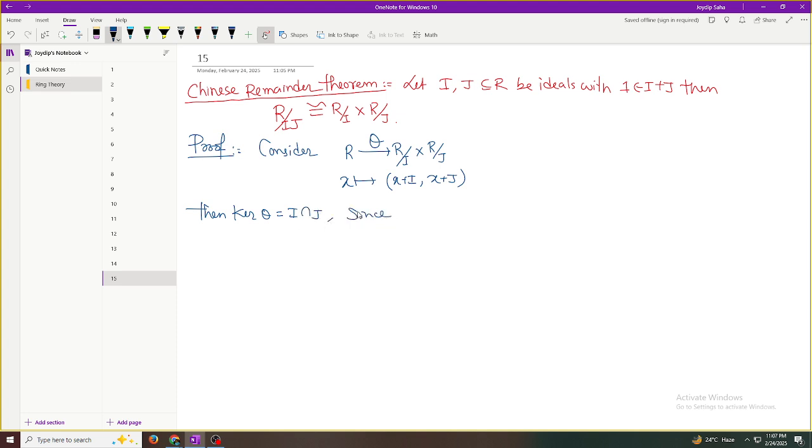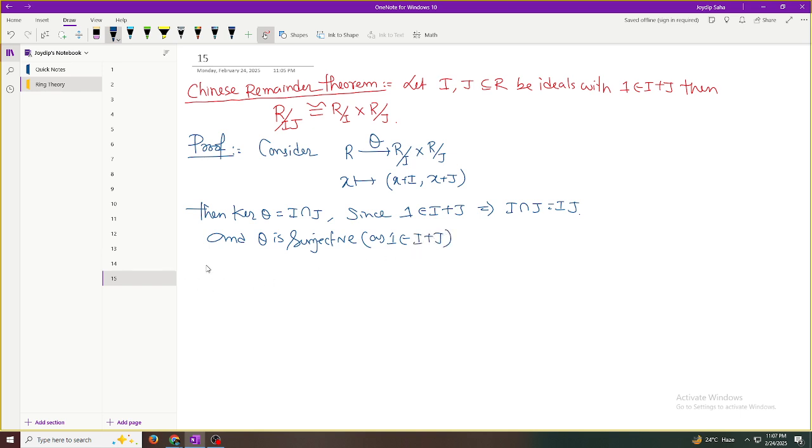Since 1 belongs to I plus j, this implies I intersection j equals ij, and theta is surjective as 1 belongs to I plus j.